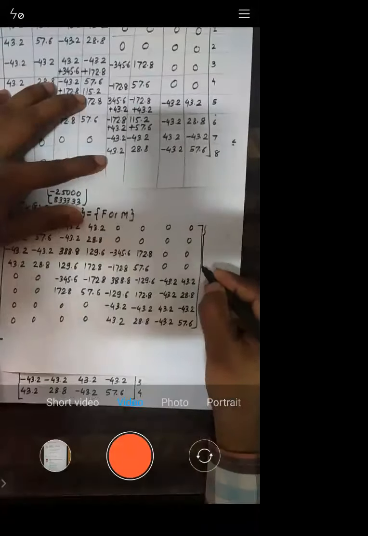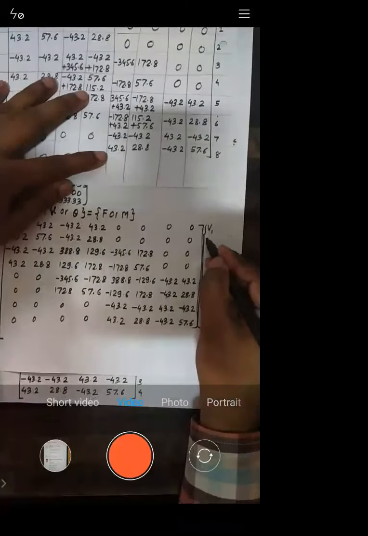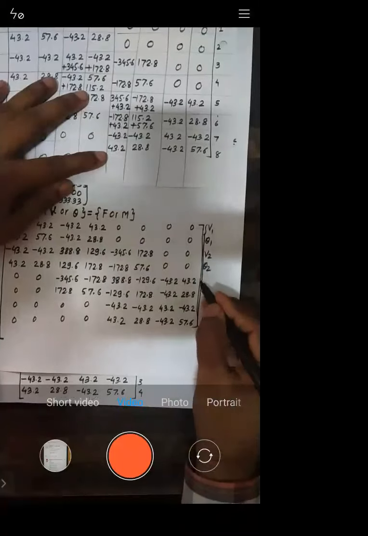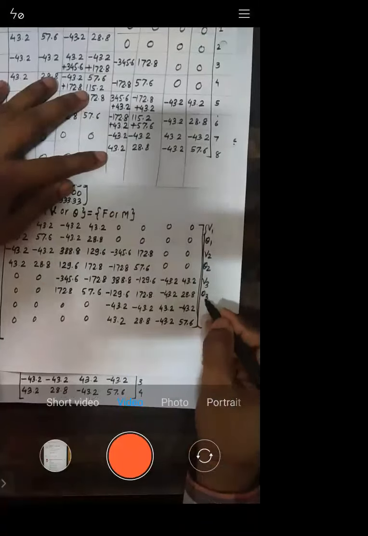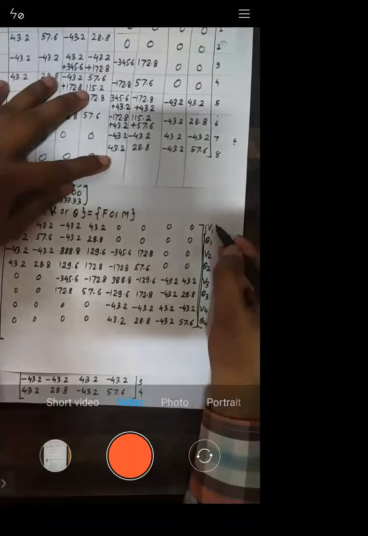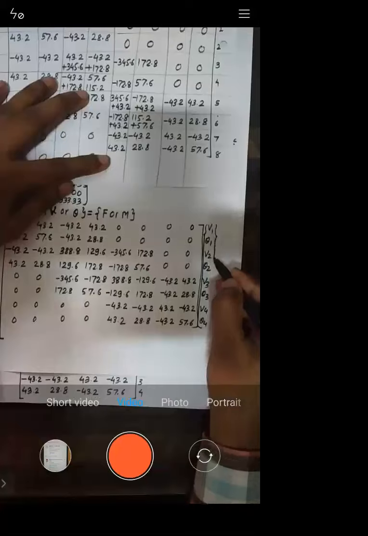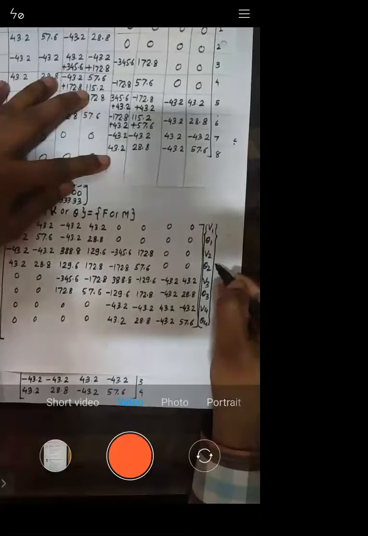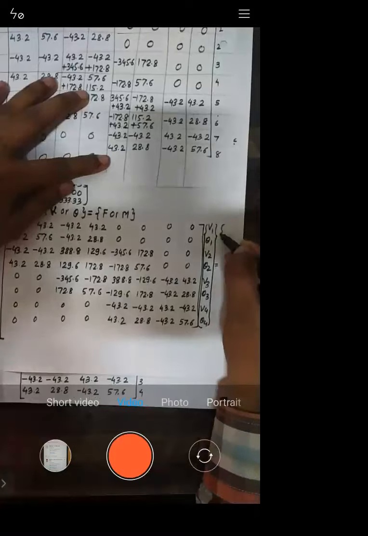This is to be multiplied by displacement. Okay, you're supposed to multiply it by displacement. This is V1, theta 1, V2, theta 2, V3, theta 3, V4, theta 4, is equal to forces.